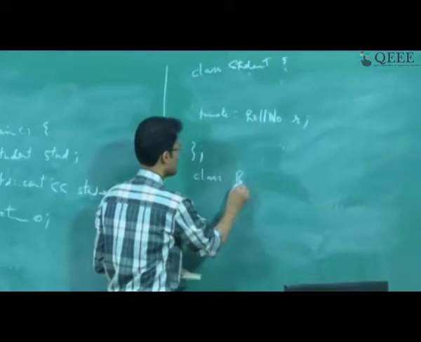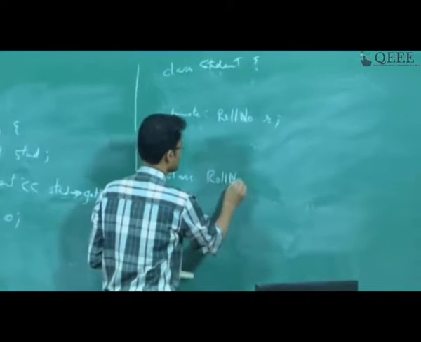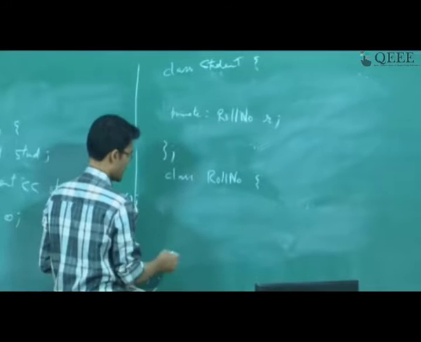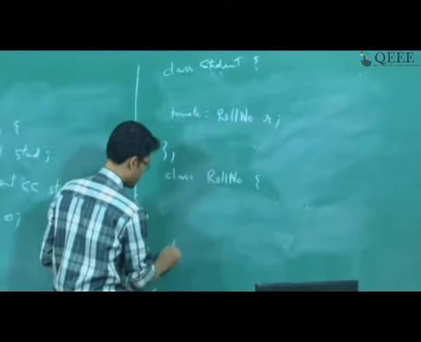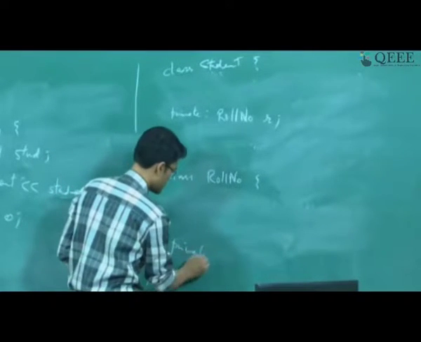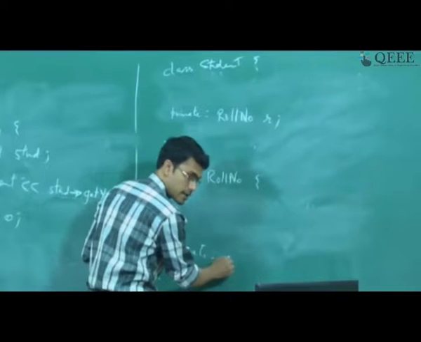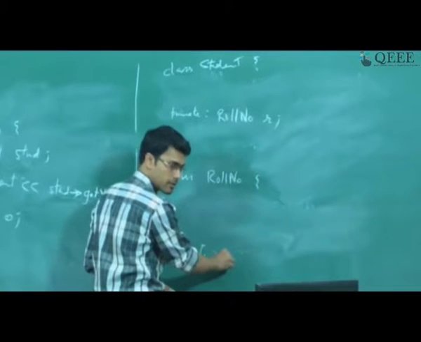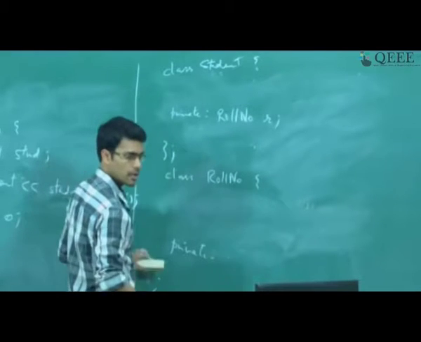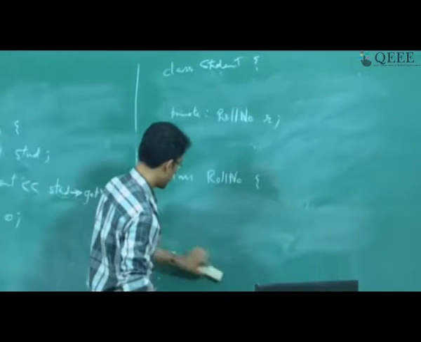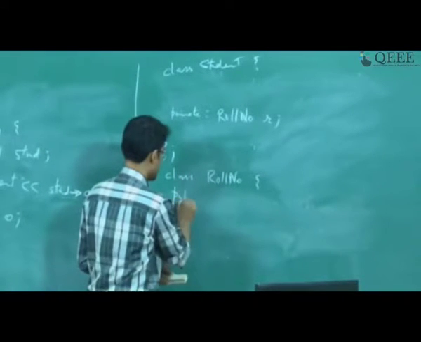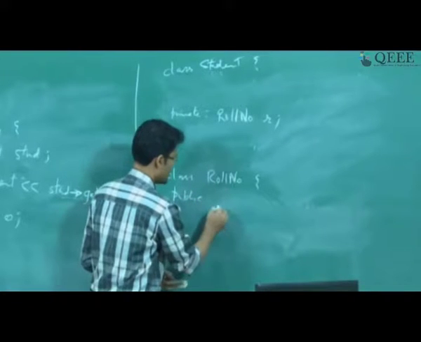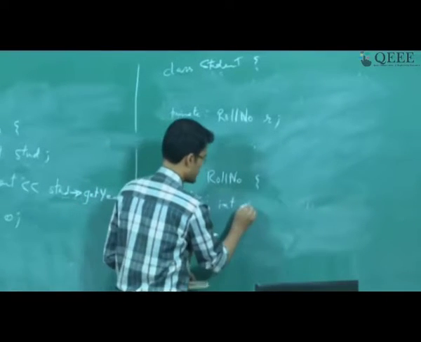So the class roll number essentially has a private variable, string roll number, and a public function which is getYear.